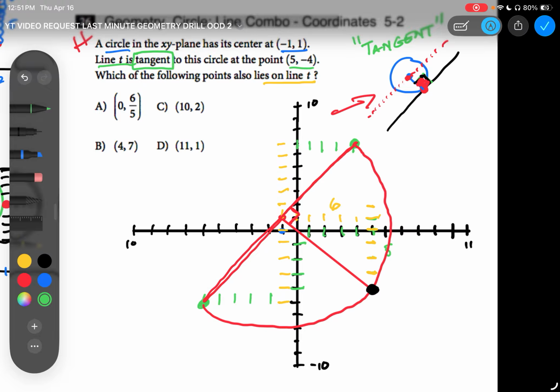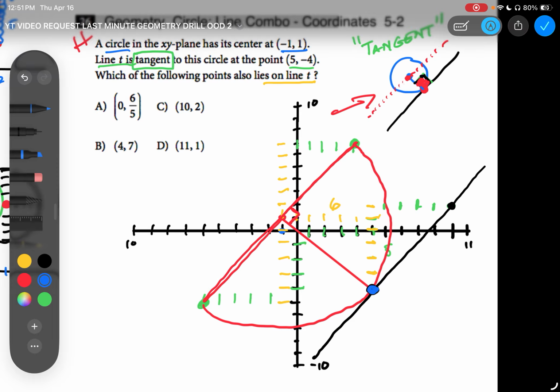Ooh, big time delay. Let's go across 5. 1, 2, 3, 4, and 5. So my line would be crossing through here, just like that, going straight through and kissing the circle right there. I'll color it in blue.